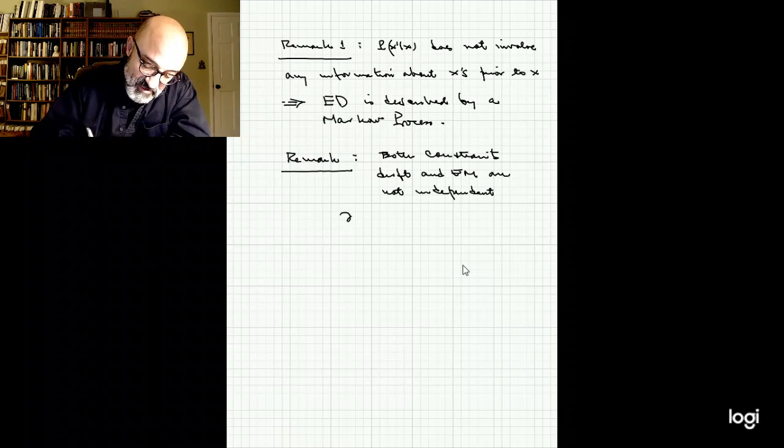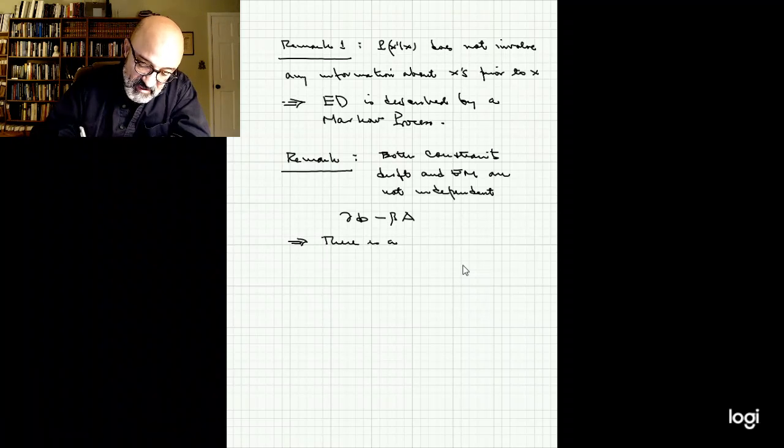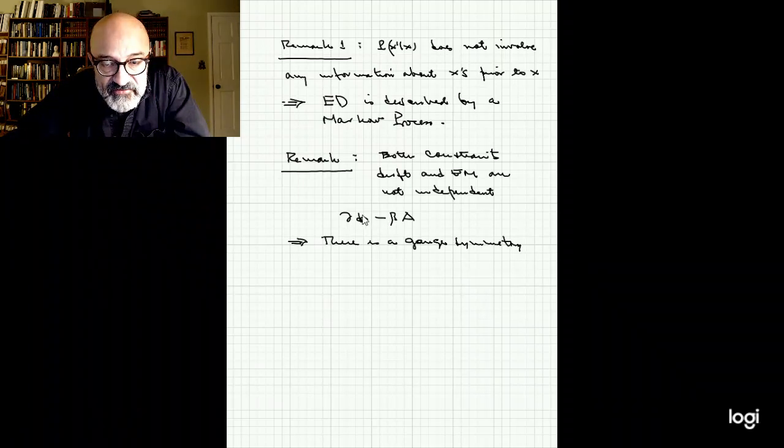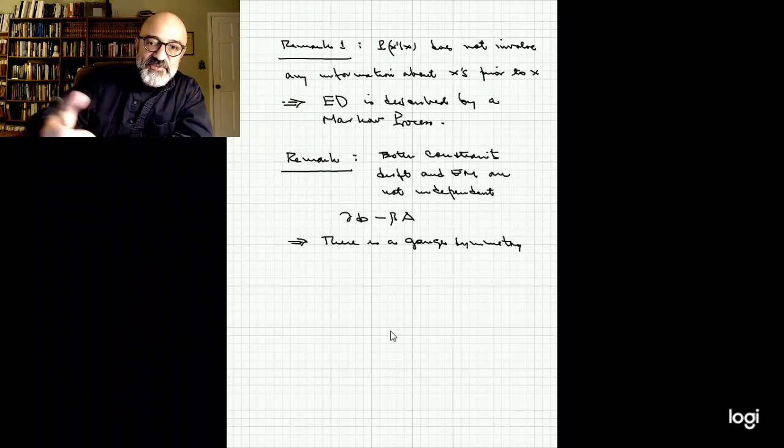They depend on the gradient of phi minus beta A. So what this implies is that there is a gauge symmetry. You can change phi by a function and change A by the gradient of that function, and you still obtain the same motion. So it's actually kind of fun to see how it is that different aspects of quantum mechanics start emerging as we introduce each one of these features.